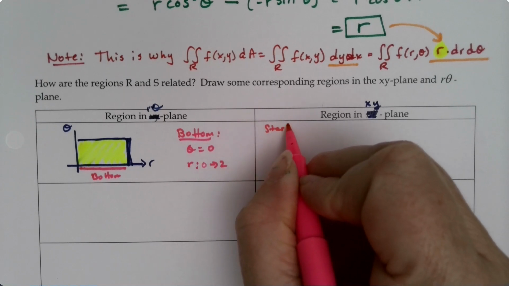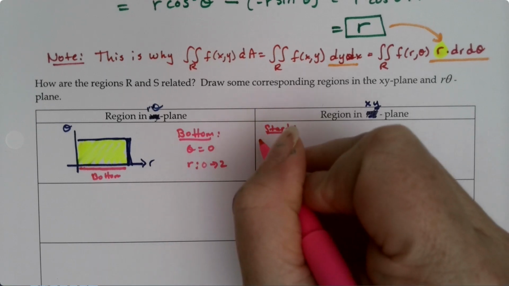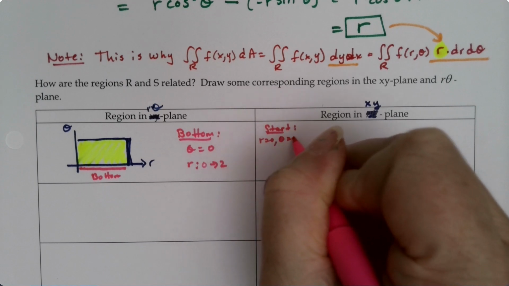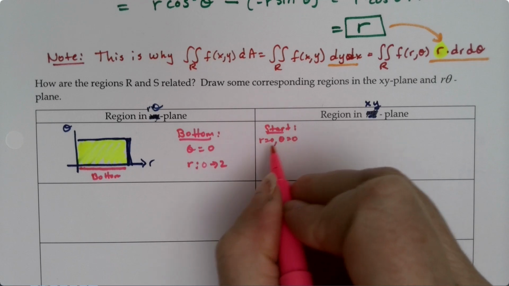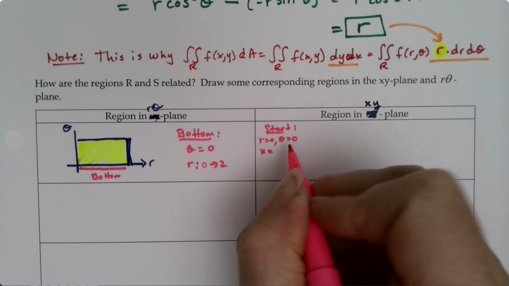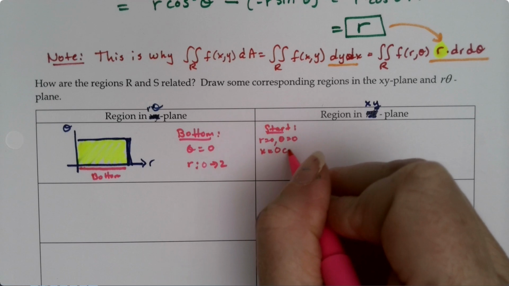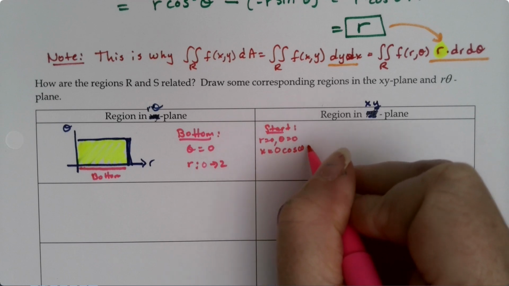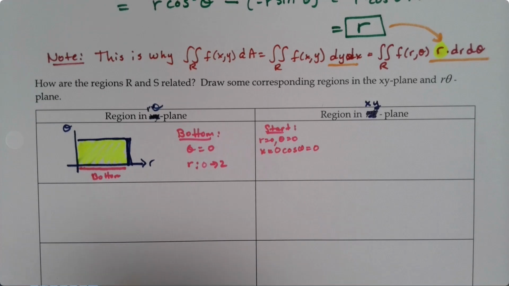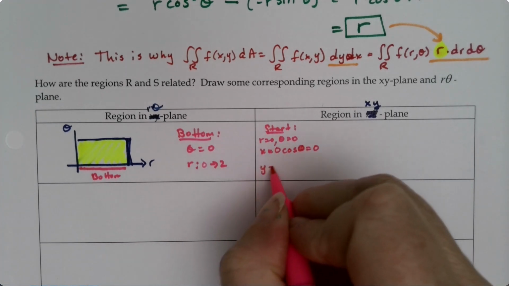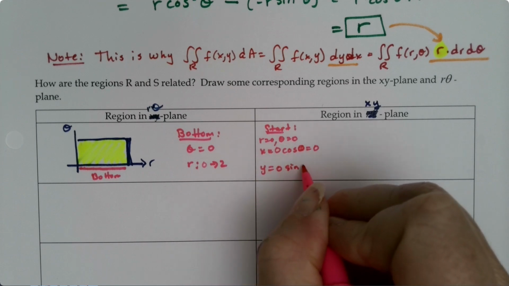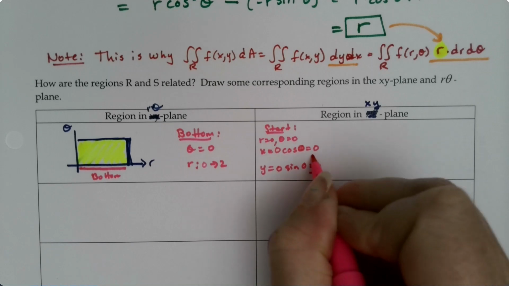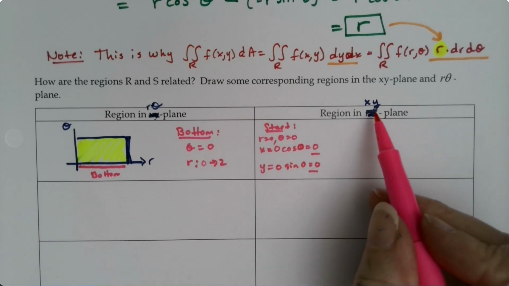So at the start, we have r equals 0, theta equals 0. So x is r cosine theta. So that'd be 0 cosine of 0, which is 0. That's a 0 there. And then y is 0 sine of 0, which is 0. So we're going to start at 0, 0 in the xy plane.